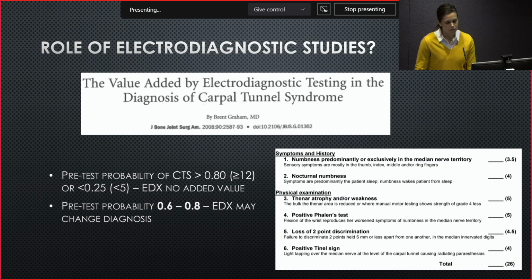If their pretest probability based on the CTS-6 tool is between 0.6 and 0.8, then nerve studies are very helpful for making that diagnosis, which makes sense because if you see a patient and every one of these tests is positive, I think it's very likely they have carpal tunnel syndrome, and you get a nerve study and it says they don't, it's probably not going to change your diagnosis. And the opposite is true if they have very little that seems consistent with carpal tunnel and then they have a positive test.